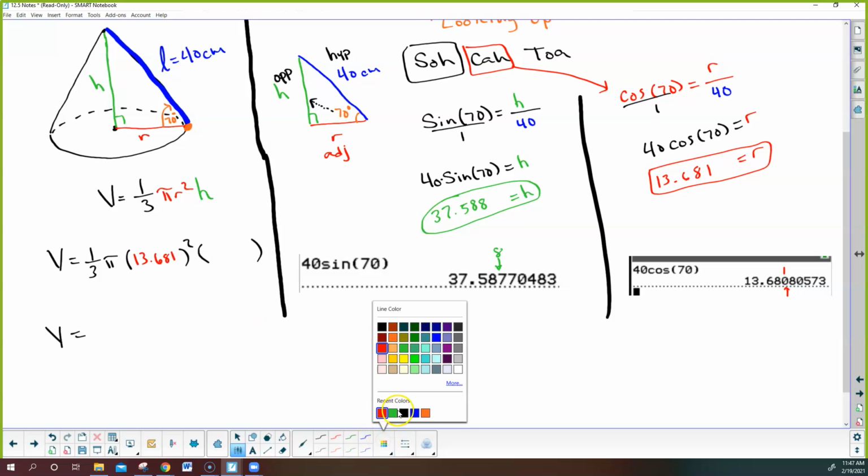I have my radius squared times my height. And then remember to use the pi button because we want the most accurate answer we can get.